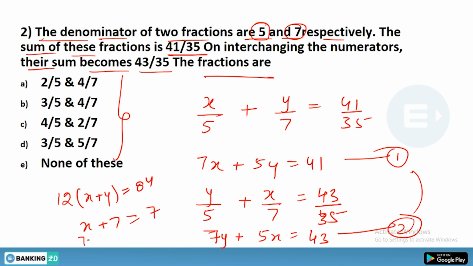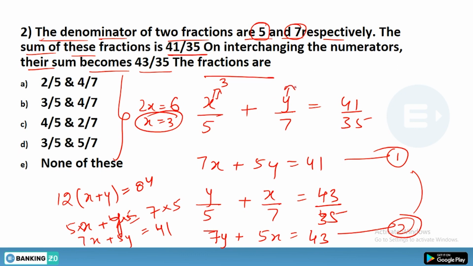Hence 7x plus 5y is equal to 41. Now you can multiply by 5 and subtract to eliminate y. Then you will get 2x is equal to 6. That means x is equal to 3. Then y will be 4.